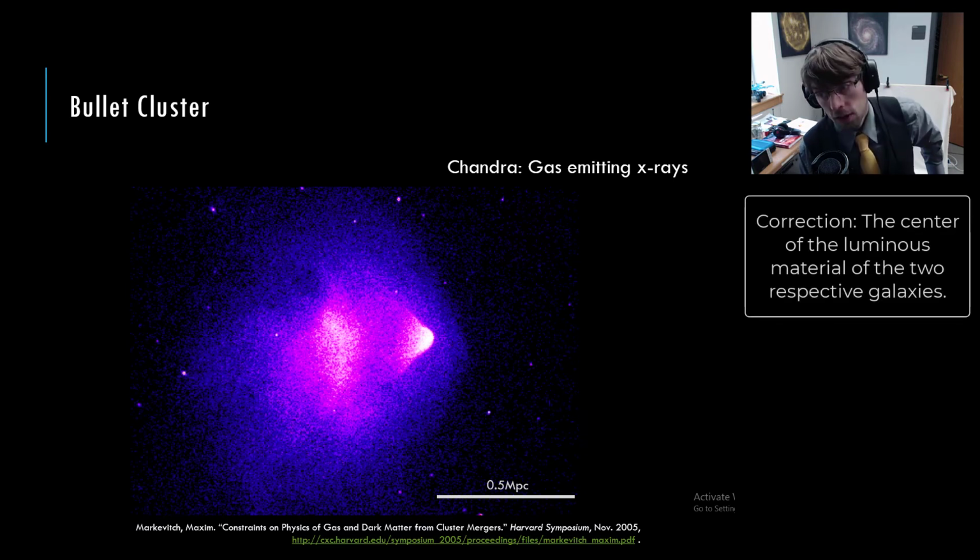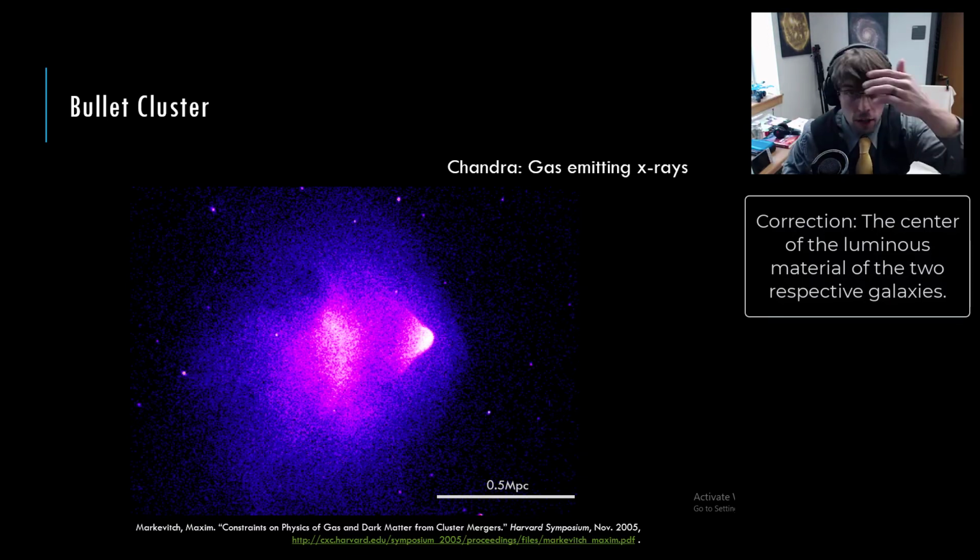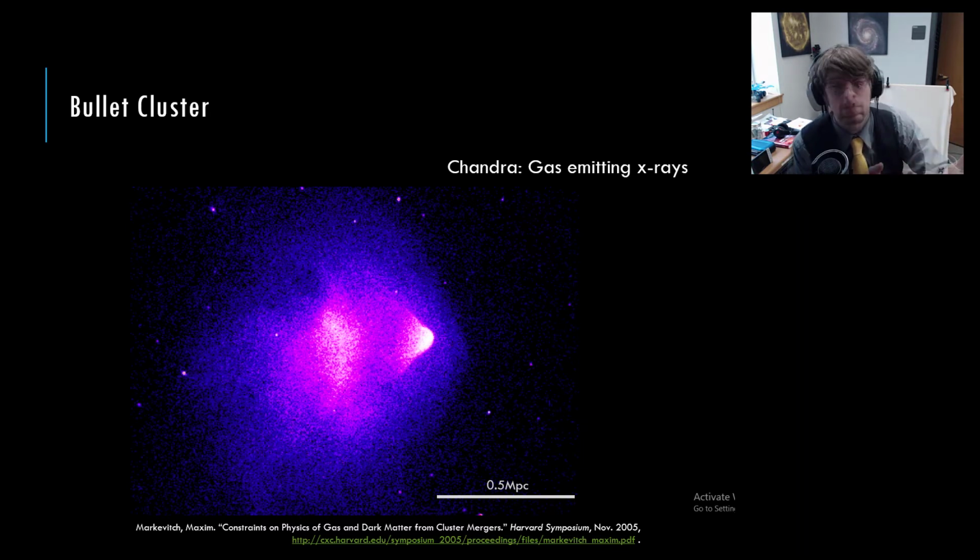Now, what's going on here is that during this quote-unquote collision, as these two galaxies pass through each other, the little particles of dust that are comprised of those two galaxies, they start running into each other. They start heating up. So you have this increase in temperature of the dust.